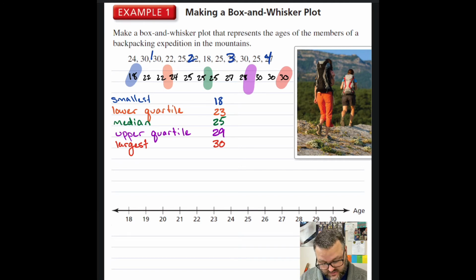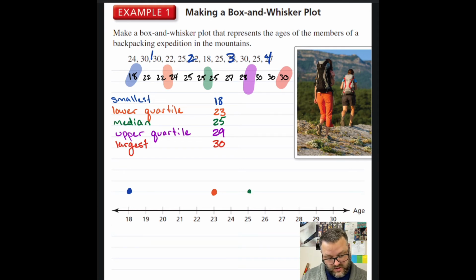So here's 18, and I'm going to graph it. Now, box and whisker plots are not on the number line itself. It's actually above. Our second point was down here at 23. Oh man, when you put them on a number line, you can see a big gap there. I guess, I mean, that's a fourth, so I should just have 4 even ones, right?